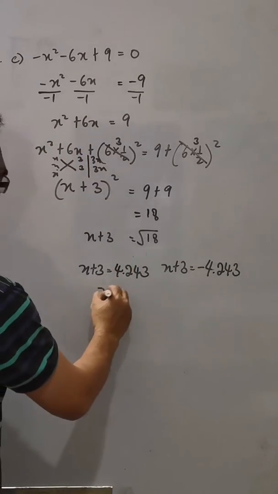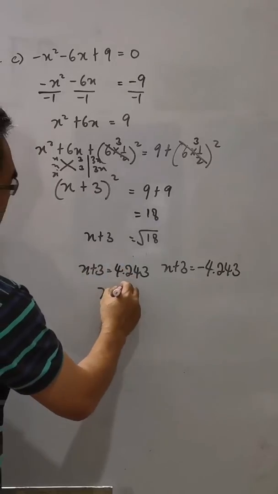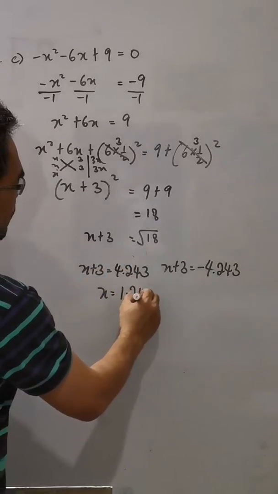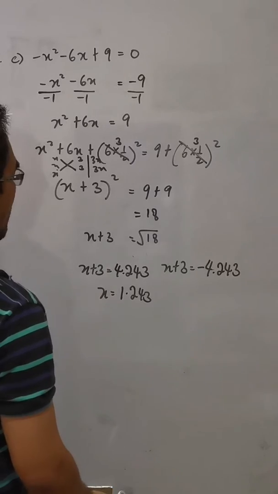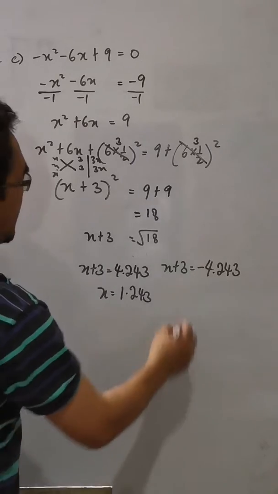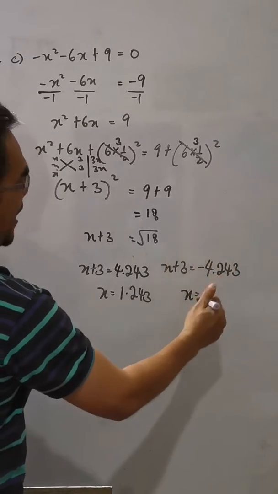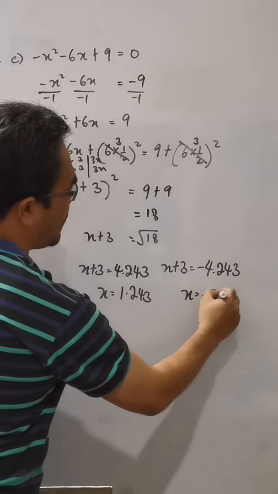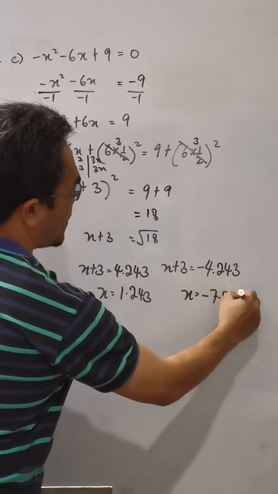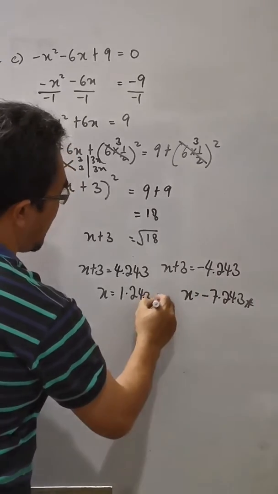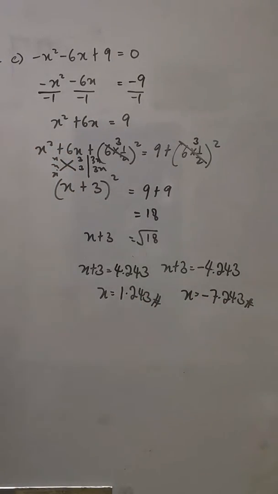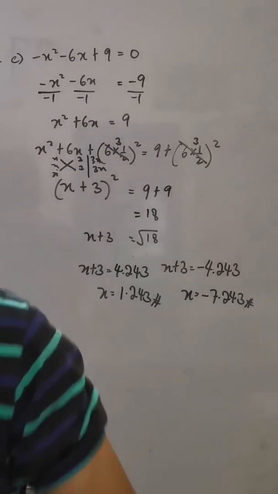Minus 3, so x equals 4.243 minus 3 will be 1.243. And then this one, without using calculator, the addition of the negative will be negative 7.243. Okay? That's the answer for question number 1C.